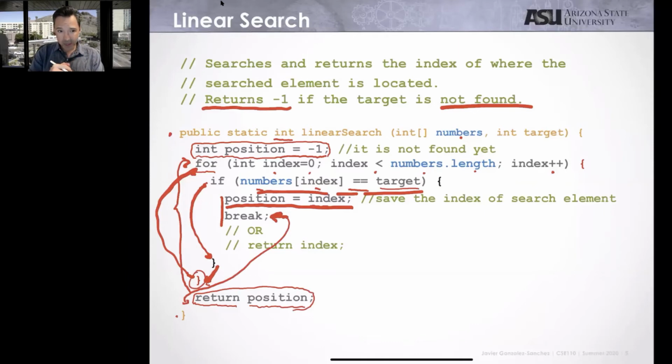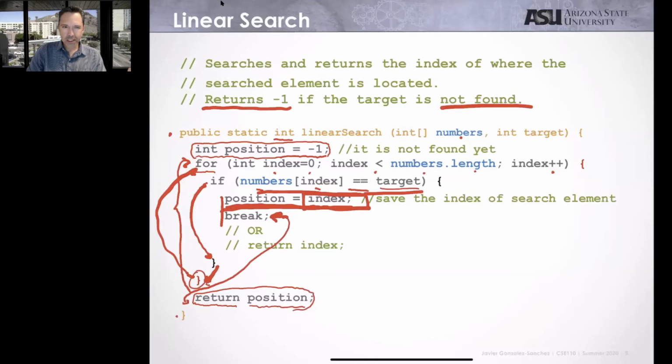And because you go out of the loop, at that point you're going to find the return and the return position. And what is the value of position? The last index, the index in which you found the element.